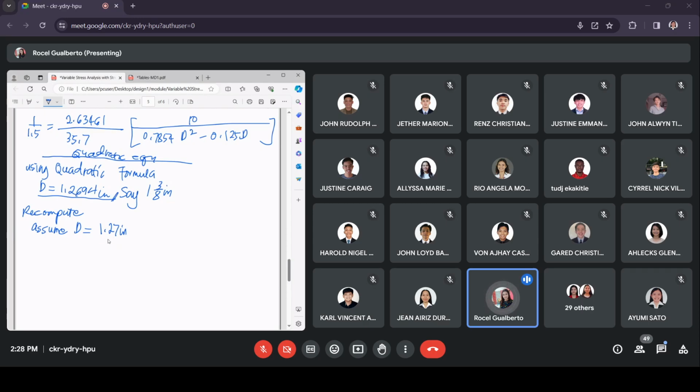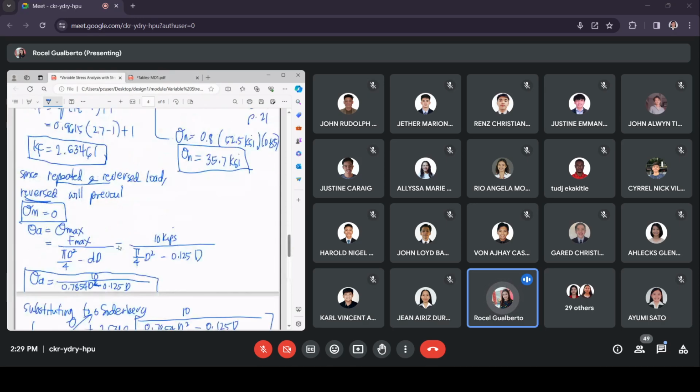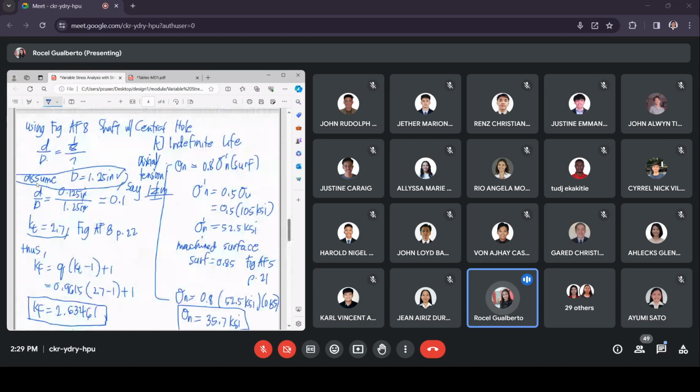If you will be using the table to obtain the value of Kt, this is what we will look at. Using figure AF8, you go back to it. You have your assumption, diameter 1.27, so again, find D over d, Kt, and then solve for Kf.